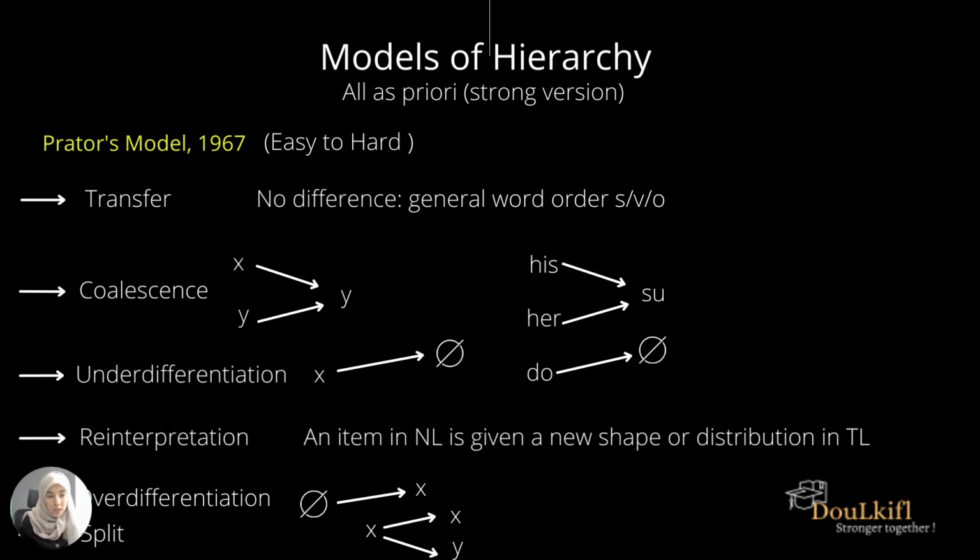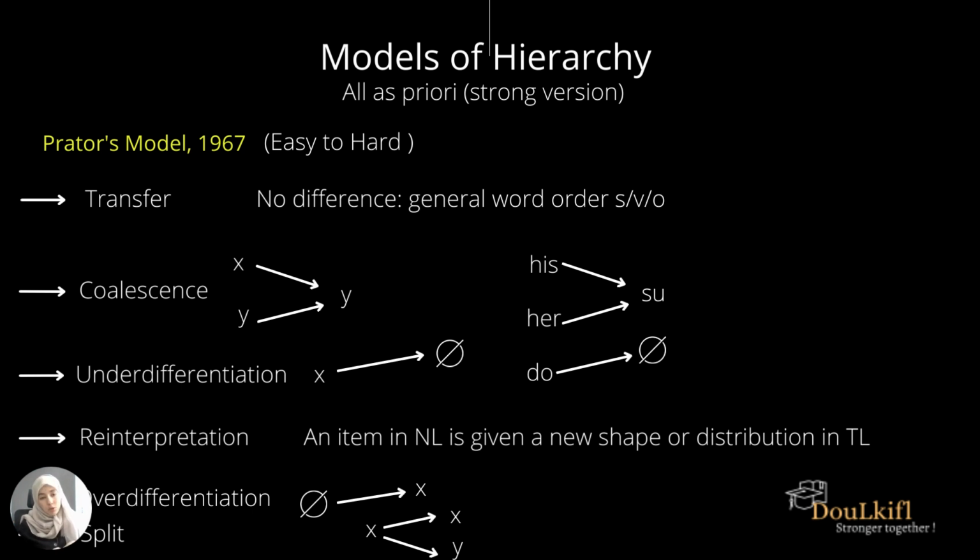Okay? So we said that they moved from easy to hard. So we have transfer, no difference, general word order, subject, verb, object, the plural s, etc. Then coalescence, fusion, is when you have two items in your native language that will fuse and become one item in the target language. Underdifferentiation, when there is an item in your language that doesn't exist in the other language, so you have to forget about it.